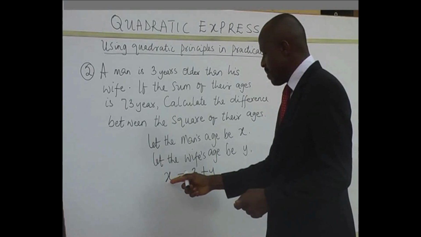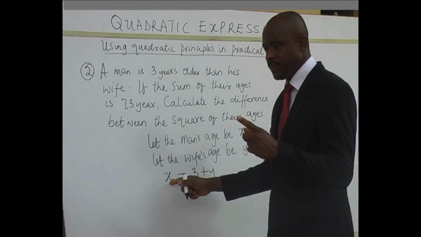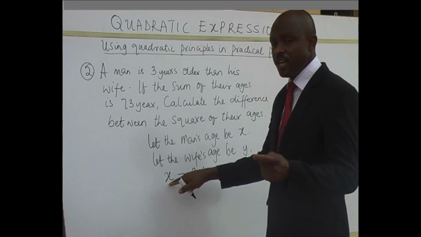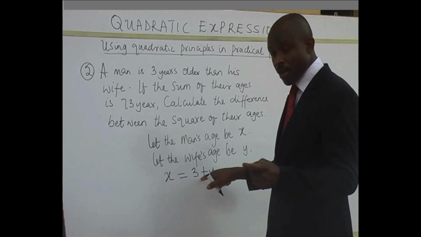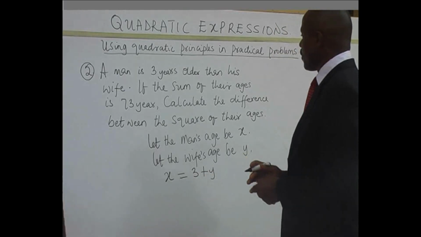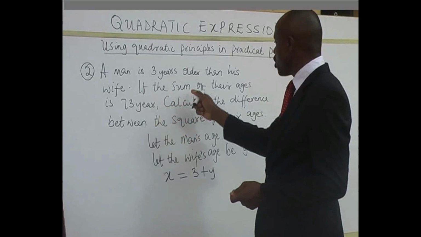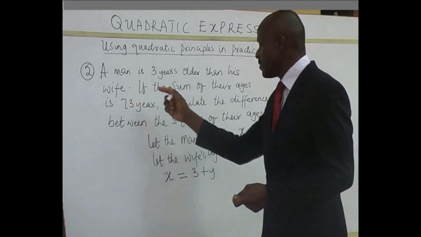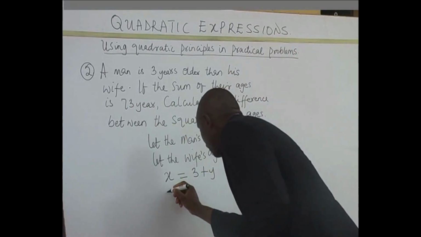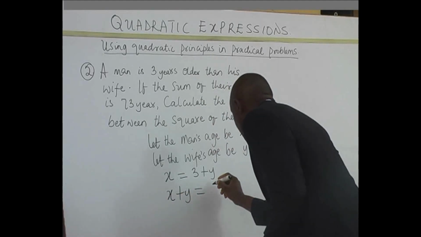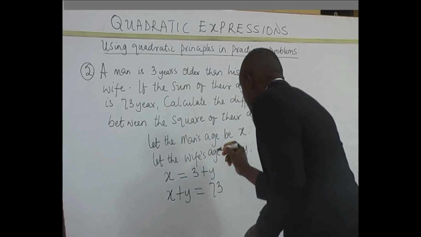If the man's age is 3 years more than the wife's, that means the man's age is the wife's age plus 3. Okay? Second sentence says, if the sum of their ages is 73, that means X plus Y is 73 years.